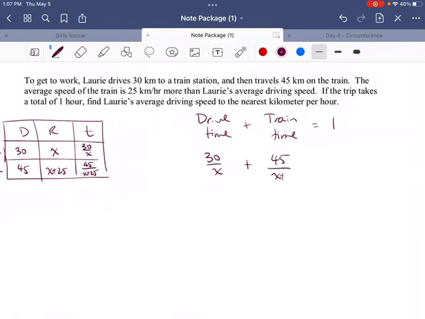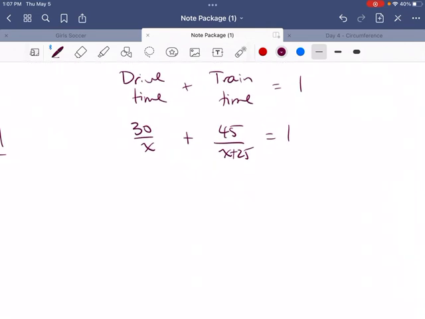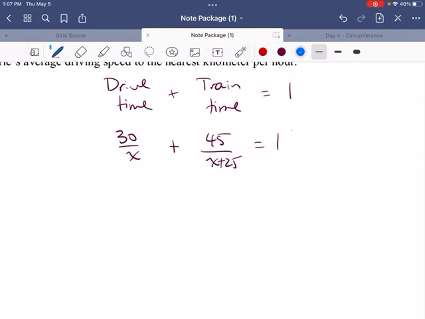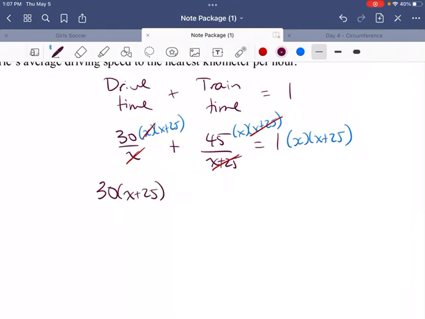We're going to multiply by x and x plus 25, and then cross out what will be simplified to 1. So you get 30 times x plus 25 plus 45 times x is equal to x squared plus 25x, where you distribute both of those.